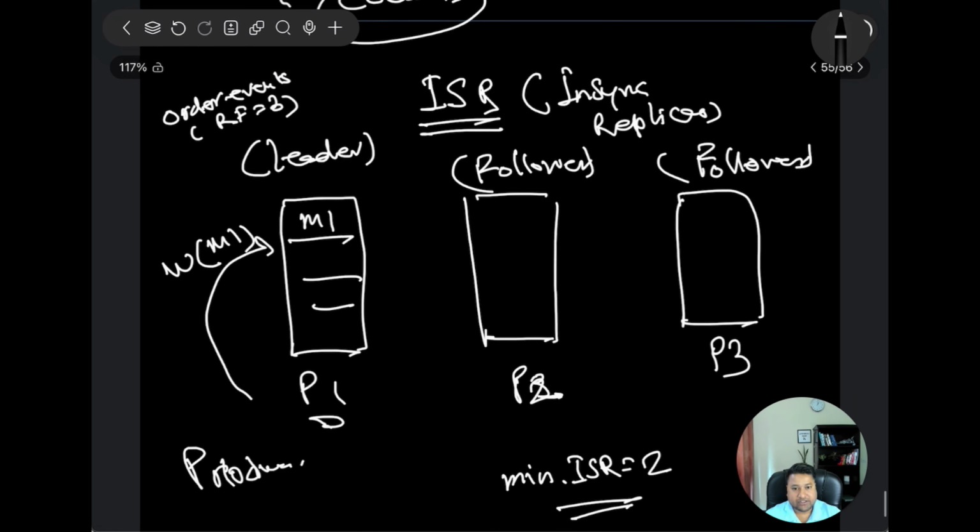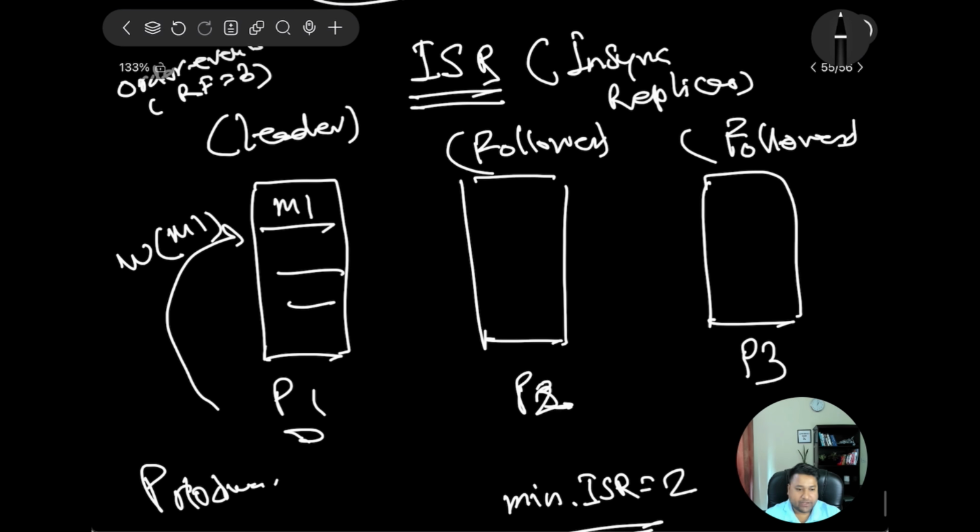So what does it mean? Let's try to understand, it's very important. When somebody writes a message to P1, because P1 is the leader, it will see that your minimum in-sync replica is 2. So if you write only to P1, your write will not be considered a successful write. Why? Because the minimum in-sync replicas is 2.